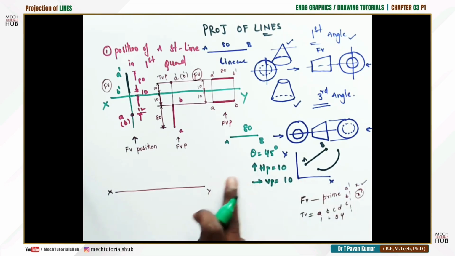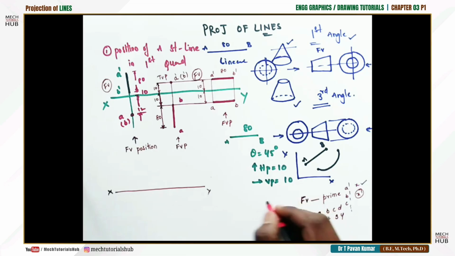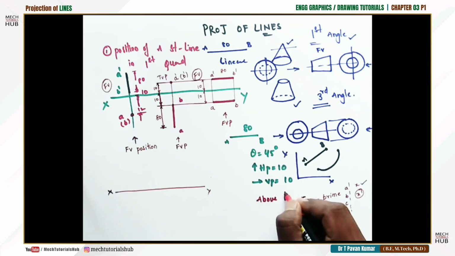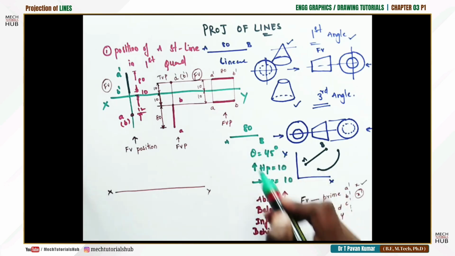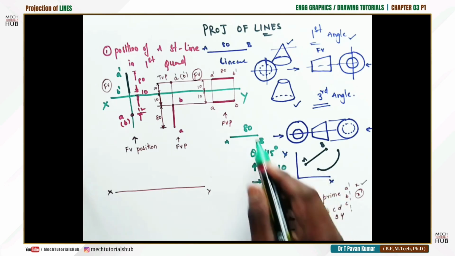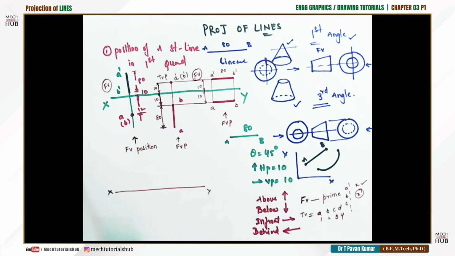Okay, for our understanding, I'll take these arrowheads. If it is above, give a simple arrowhead. Below, simple below. In front, something like this. Behind, backwards. Okay, for our understanding. Fine. Now have a look at the given dimensions in the question. 10 mm above and 10 mm in front.